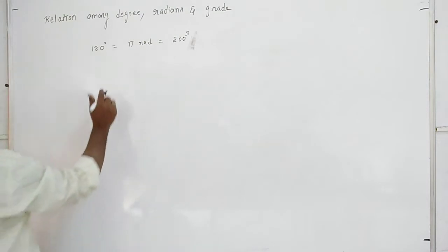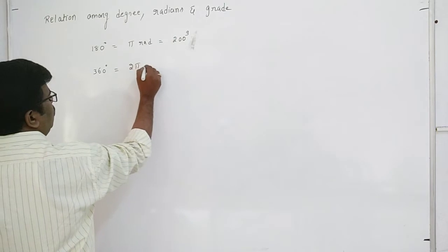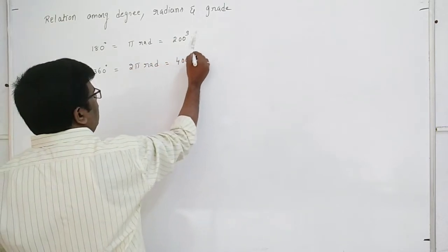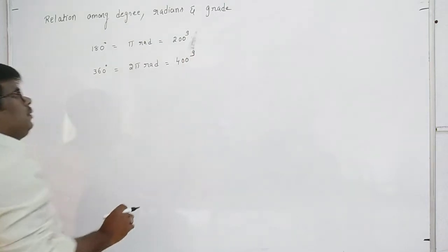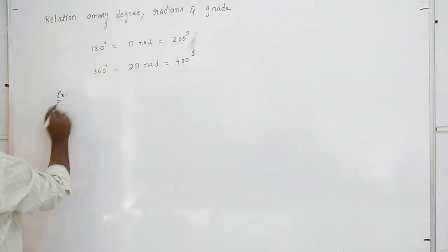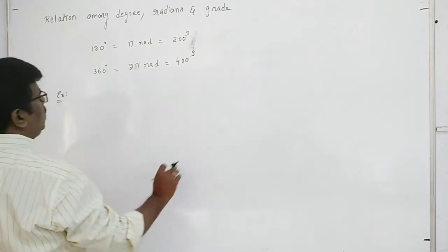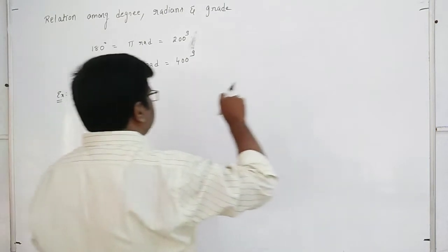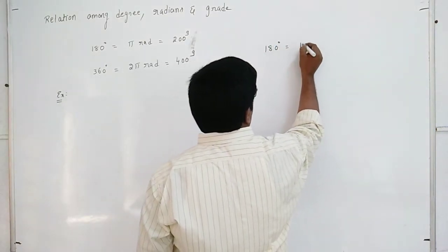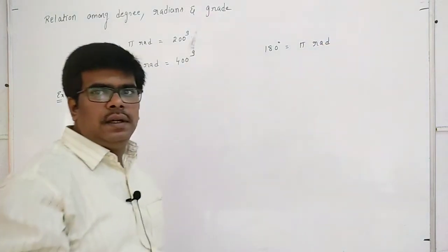Or else we can also write 360 degrees equal to 2 pi radians, that is equivalent to 400 gradients. Now some examples we can discuss here. Before going to that, 180 degrees equal to pi radians.